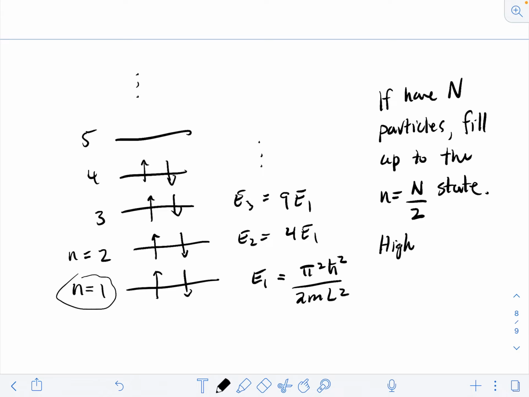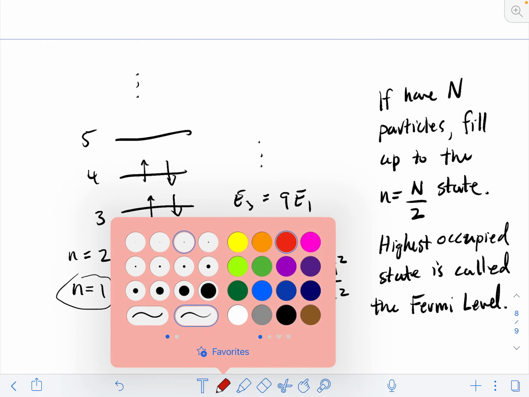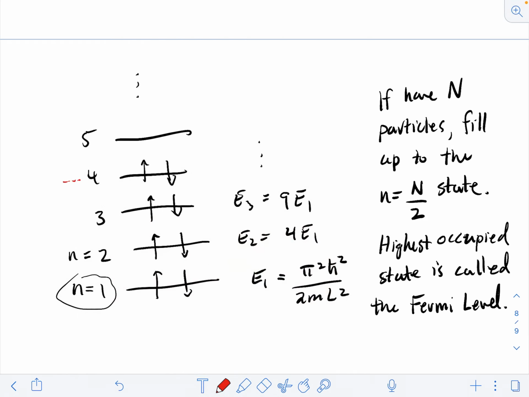So the highest occupied state is called the Fermi level. So in this diagram over here, if we had a system where N was only equal to 8, then our highest filled state would be the n equals 4 state, and that would represent what we call the Fermi level.